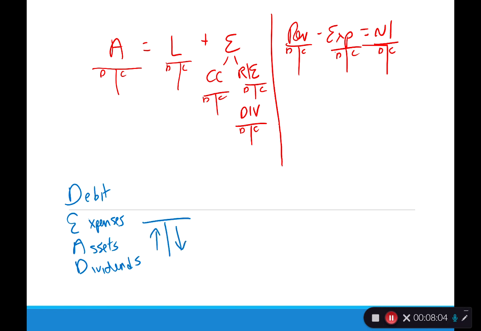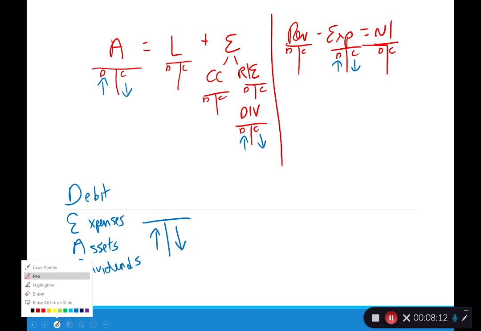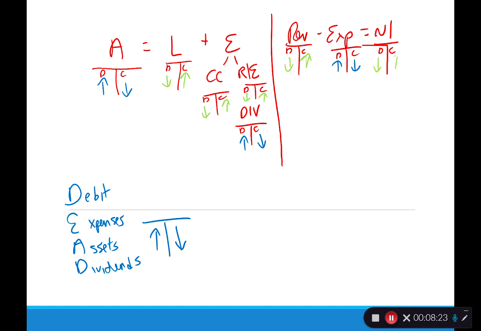Everything else goes in the opposite direction, down with debits and up with credits.